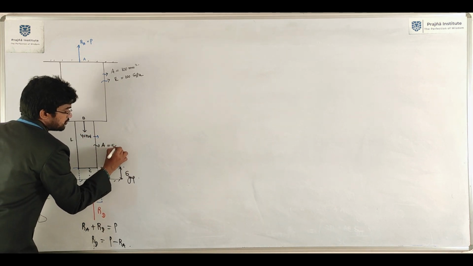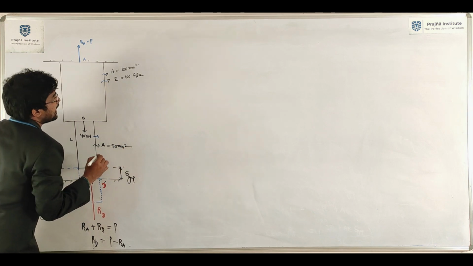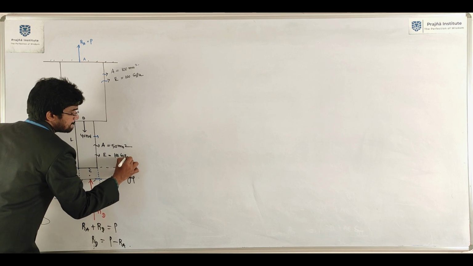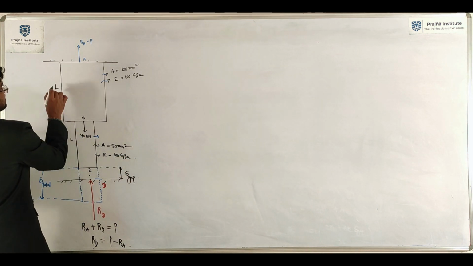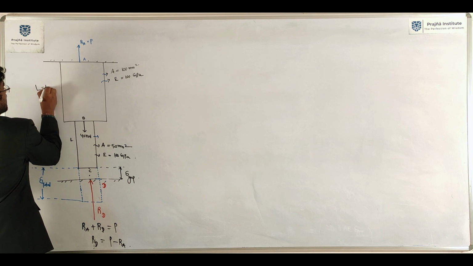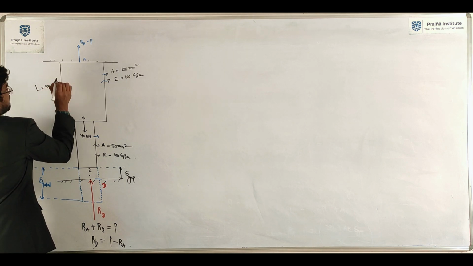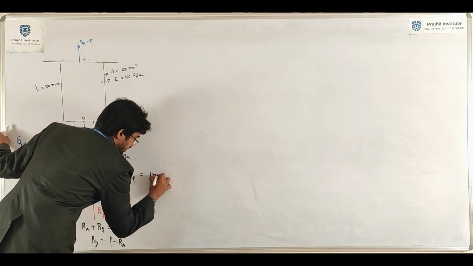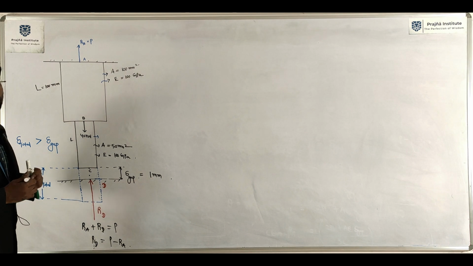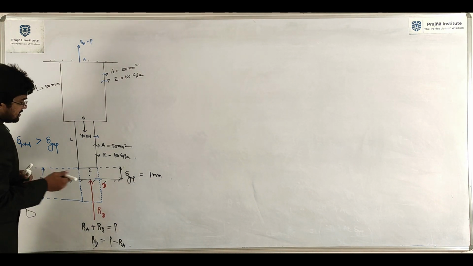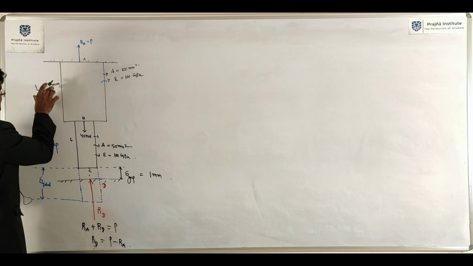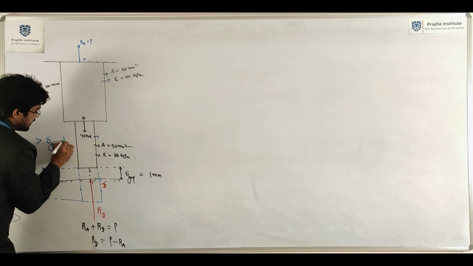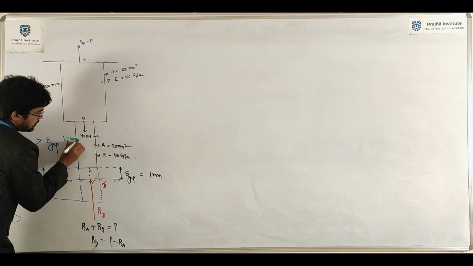Here A equals 50 mm square and E equals 100 gigapascal, and length equals 100 mm. Here this also 100 mm, delta gap equals 1 mm. From here, L1 and L2 both are 100 mm.